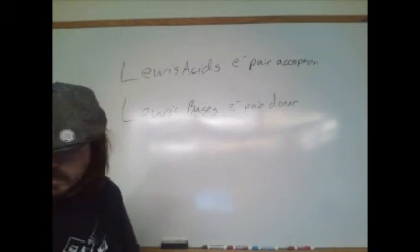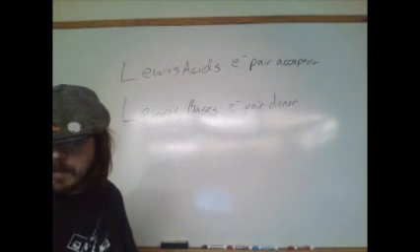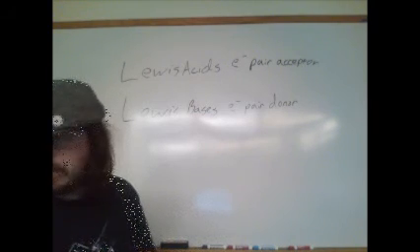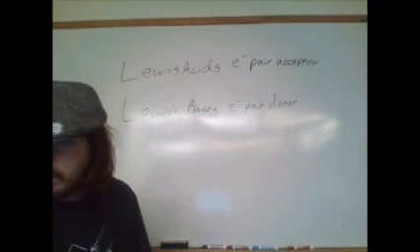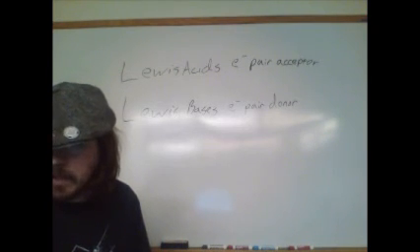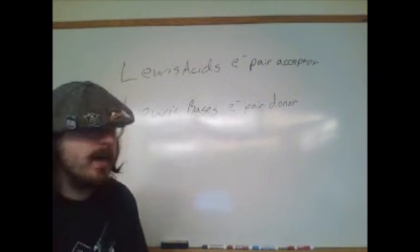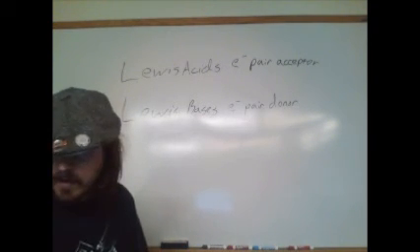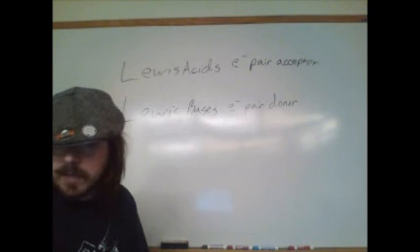Oftentimes we see Lewis acids like boron that doesn't have an octet. We have metals such as platinum and palladium and oftentimes zinc. When we have iron tribromide and aluminum chloride, these are going to be Lewis acids.